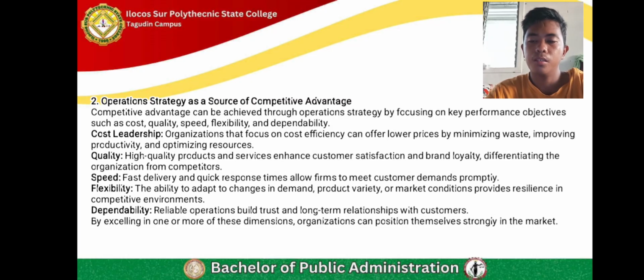According to Michael Porter, competitive advantage can come from cost leadership, being the lowest cost producer, or differentiation, offering something unique. Operation strategy helps create competitive advantage in several ways.